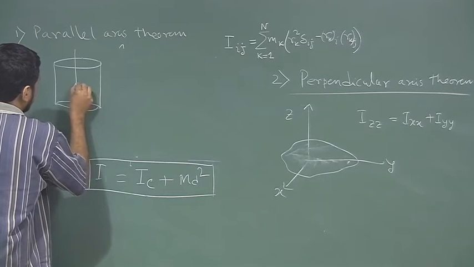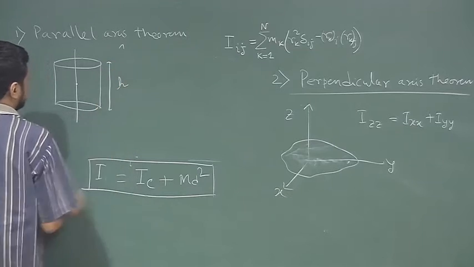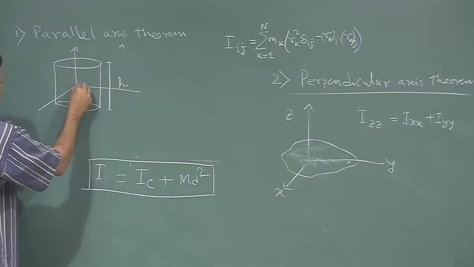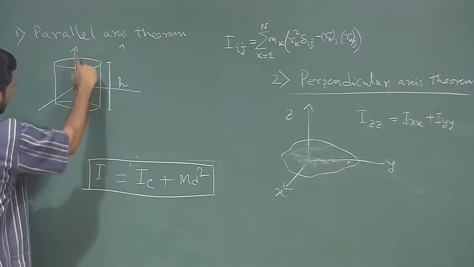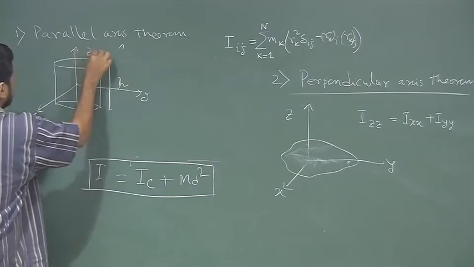And let us assume that initially the height of the cylinder is, let us say h. Initially we have an axis system where it is exactly in the middle. So, it is at a distance h by 2 from the top or the bottom, okay. So, this is my x and y and z.